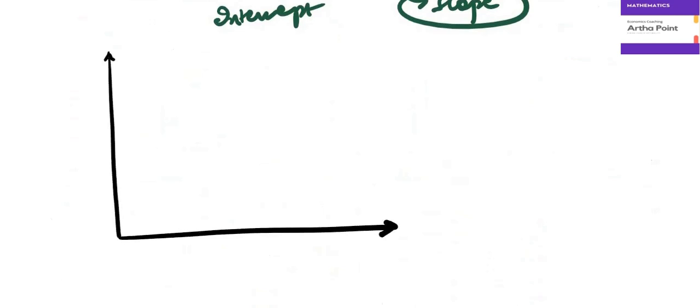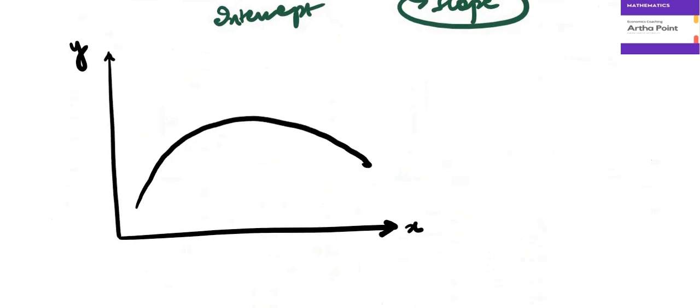Now let's take a question quickly. Supposedly, this is the graph that is given to you. This is x and y, and the curve that is given to you is something like this. Now I tell you that this is your first tangent and you are achieving your tangency at 1, and correspondingly this is 2.